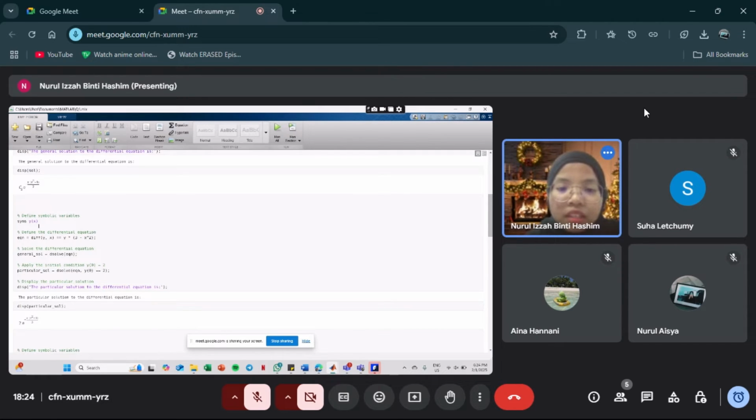Then we need to set up the differential equation, where this line defines the differential equation, dy with respect to dx equals y times the bracket of 3 minus x squared, in a way that MATLAB can understand.